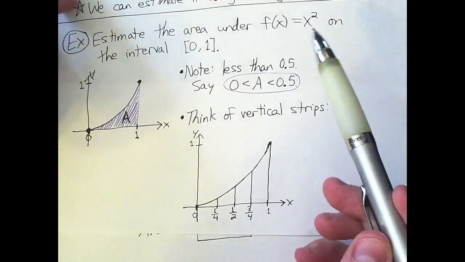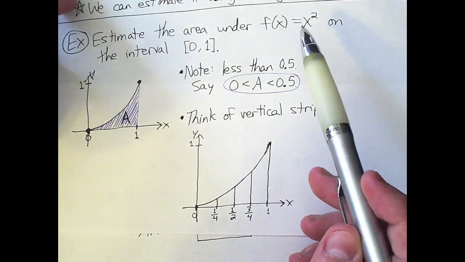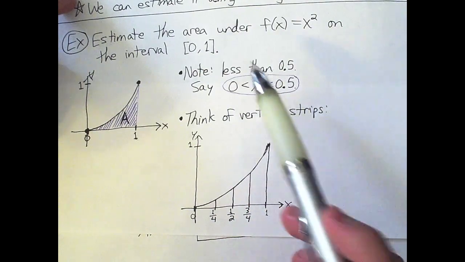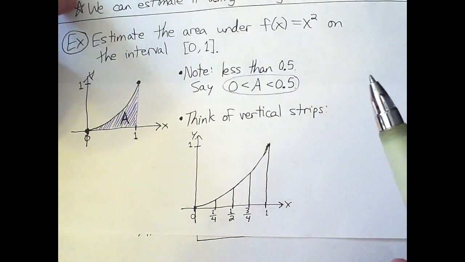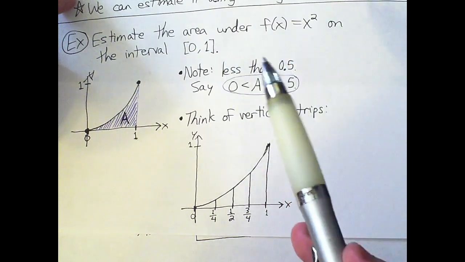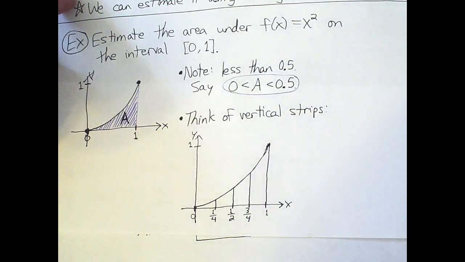But you could be asked to do this for a different function or a different interval. And a problem that you might see in homework or a quiz or an exam for this section would probably tell you how many rectangles to use. And it would probably tell you to use either left endpoints or right endpoints or midpoints.